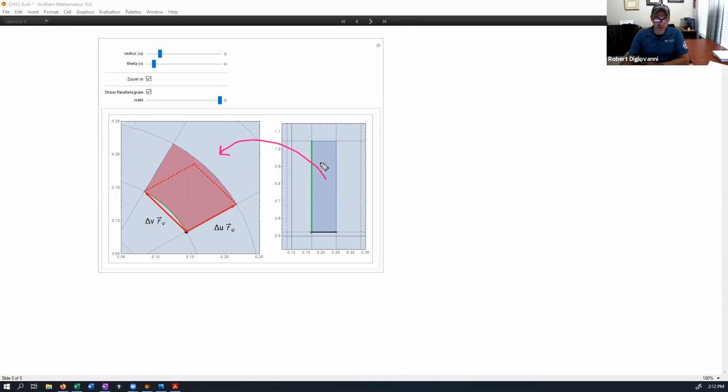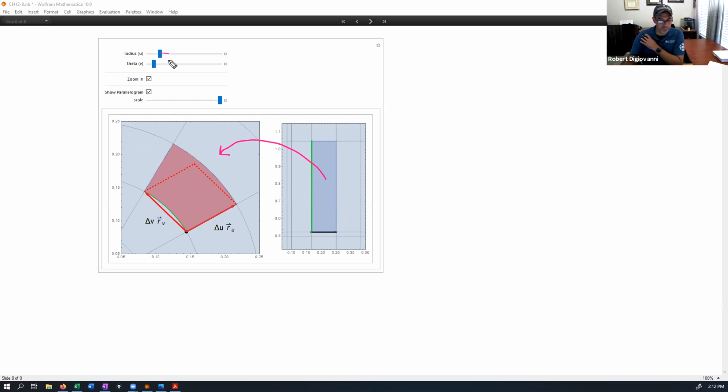So if we take this rectangle and convert it to polar, we get this weird shape. And the question is, how is the area of that shape related to the area of the rectangle? Are these two areas equal? Is this area twice as much as this one? Is it even a scalar multiple? Maybe they're related by a function. Who knows? But there is something that relates the two.